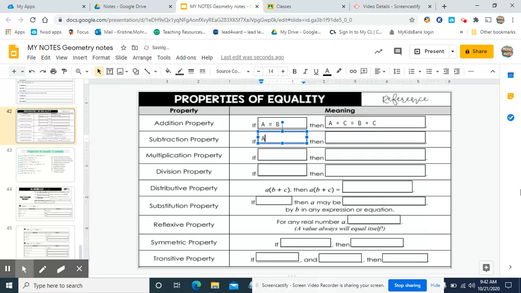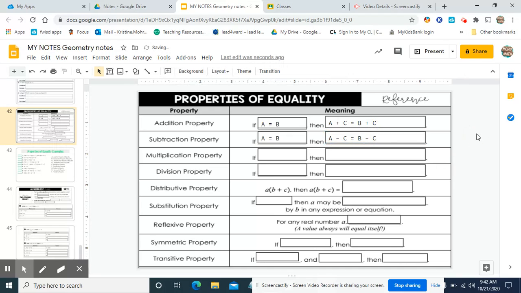The same will be true for subtraction. A is equal to B, and those will remain equal if I subtract the same value on both sides of my equal sign.